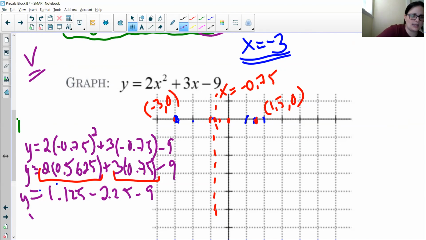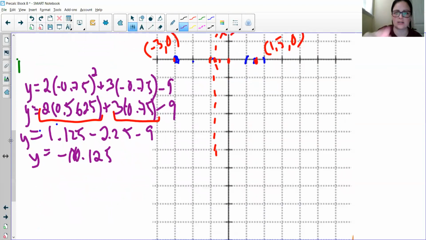And so what does y equal when x equals negative 0.75? It equals negative 10.125, which is the same thing as 10 and an eighth. Or really close to 10 and not as close to 11. Remember, we're sketching, so it doesn't have to be exact.